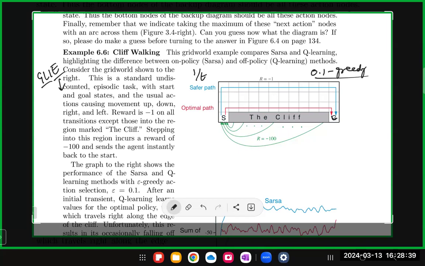It will converge to the best policy among epsilon soft policies, right? Among all the policies which will explore with, let's say, 0.1 probability, it will converge to the best policy.